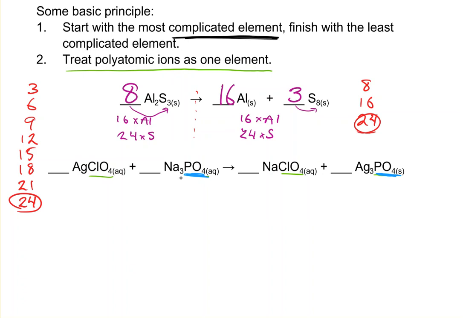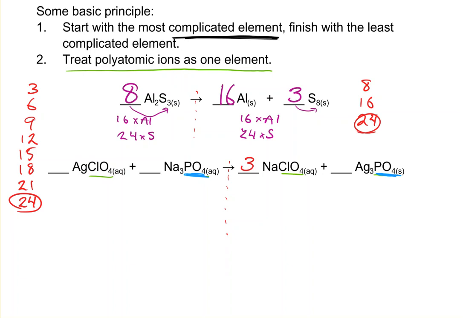We've got 3 sodiums. So I look to the other side of the equation and I see we've got 1 sodium. 3 sodiums over here and 1 sodium over here. So I have to place a 3 in front. No problem. Now by me placing a 3 in front of this compound, there's 3 sodiums, but now there's 3 perchlorates.